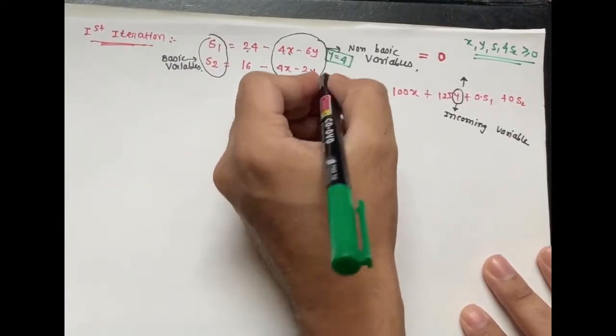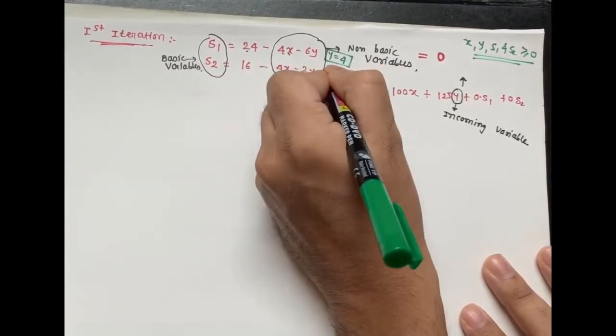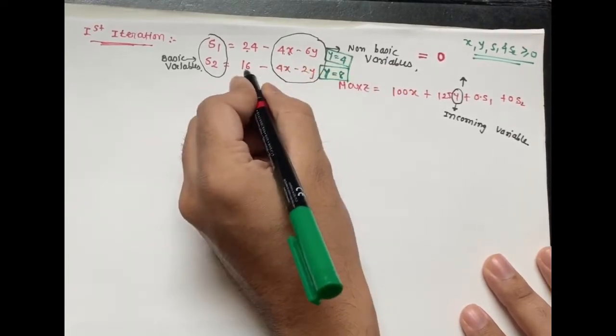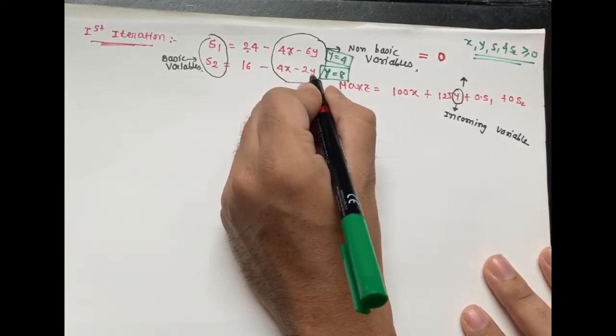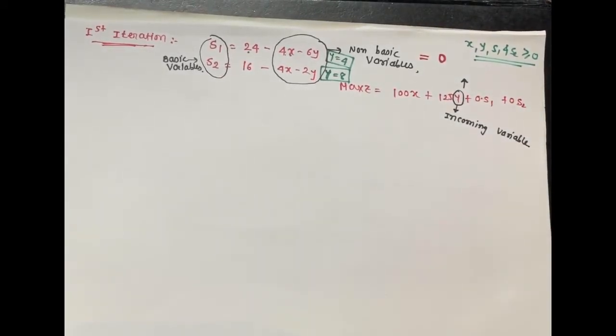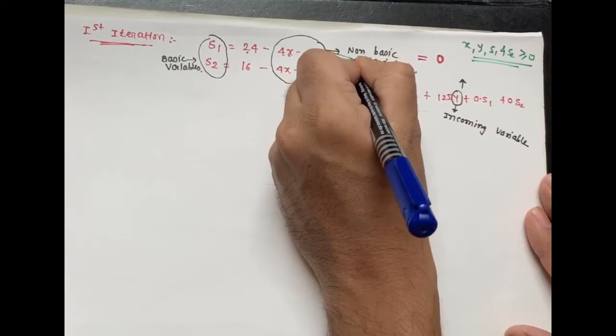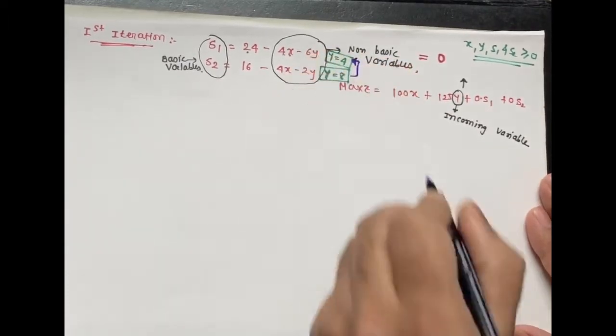Likewise, in the second equation, the maximum value of y that can be increased is 8: 16 minus 2 into 8, that is 16 minus 16, which gives 0. So y can be increased up to 4 in equation 1, and up to 8 in equation 2. But actually I can increase the value of y up to 4 only.